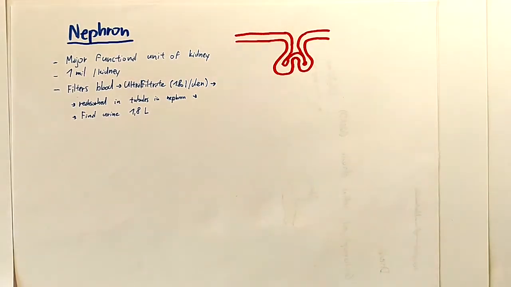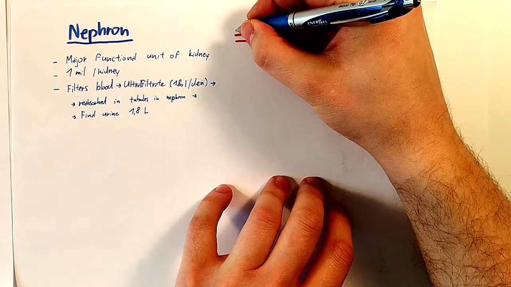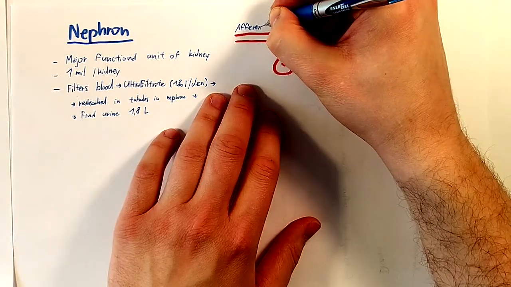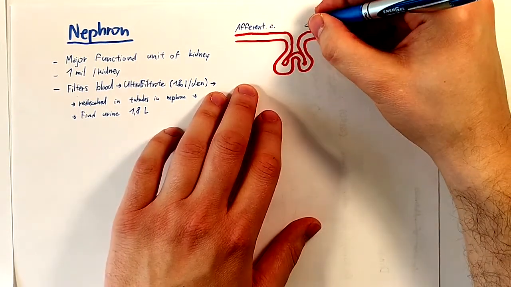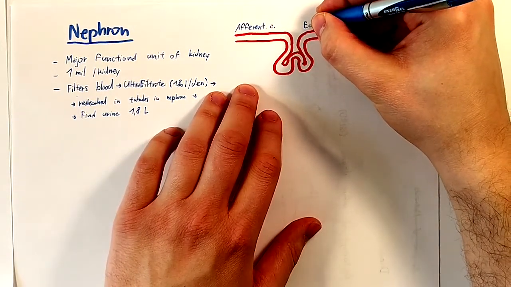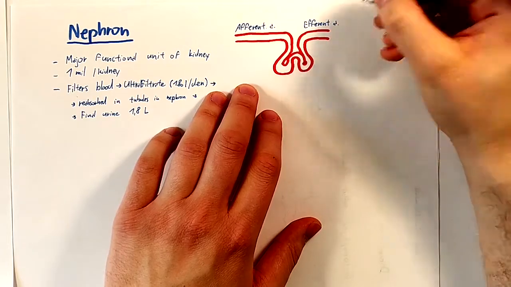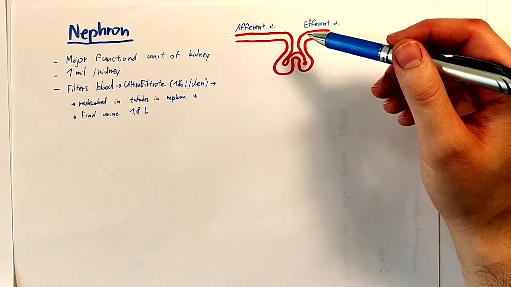Okay, so to label it, you have afferent arteriole. An arteriole is a small artery, and then you have efferent arteriole.